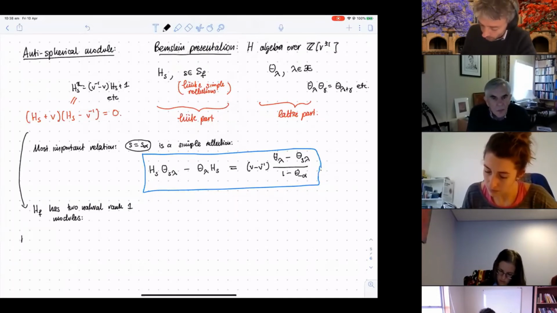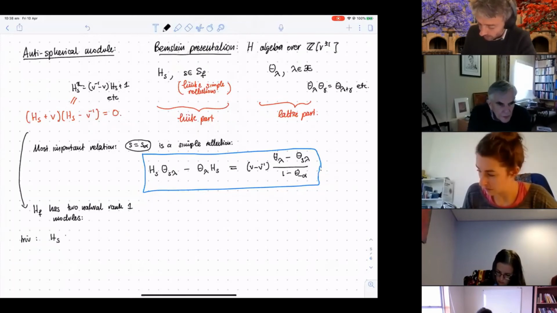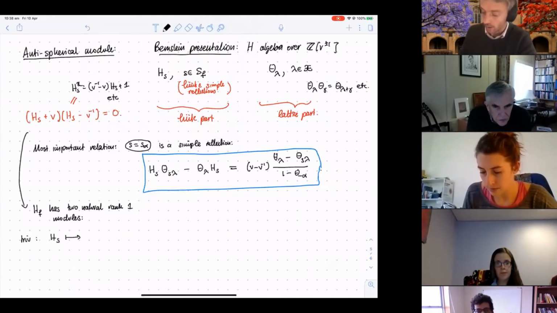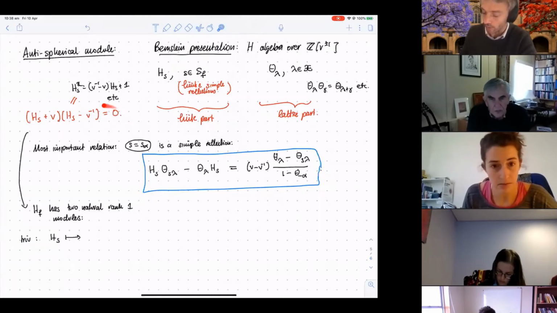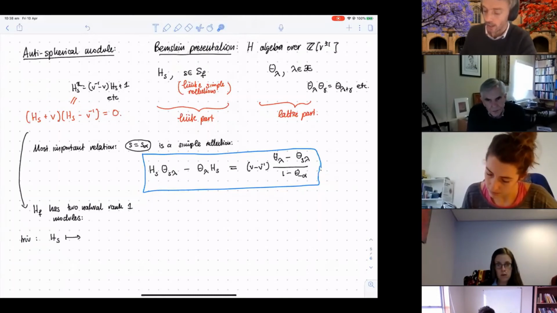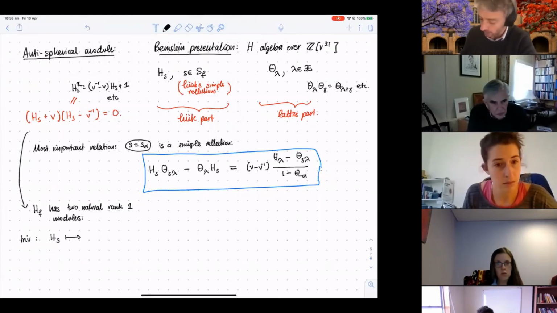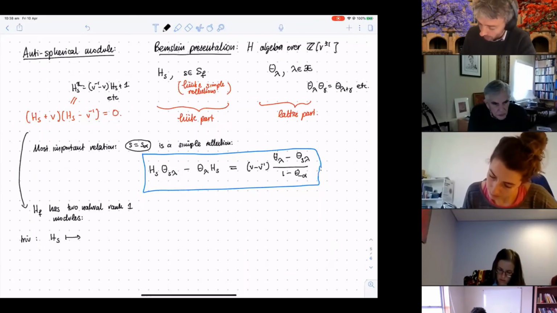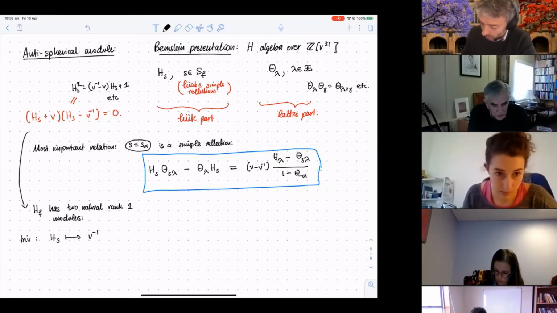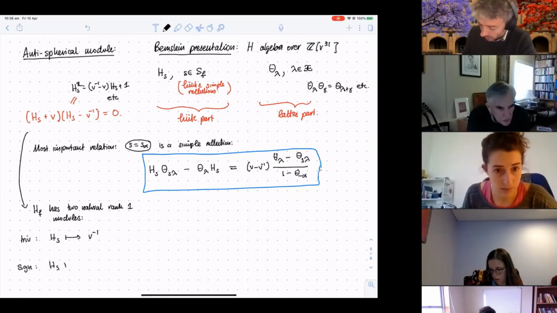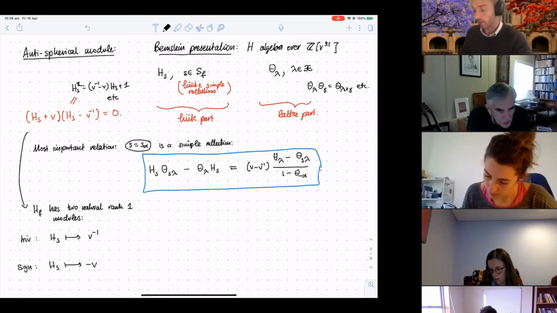The trivial module, where each HS, so this relation here says the eigenvalues of HS should be either minus V or V inverse. And so the analog of the trivial representation is when HS acts as V inverse. And the analog of the sign representation is when HS acts as minus V.